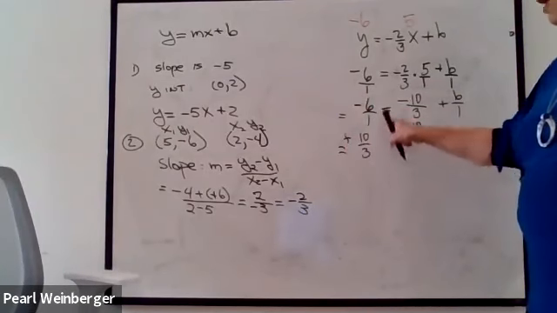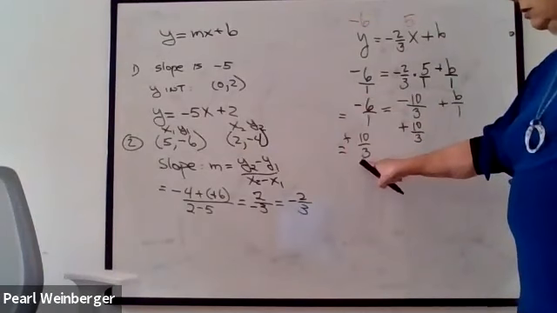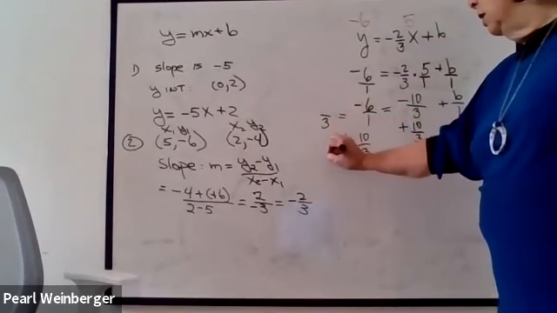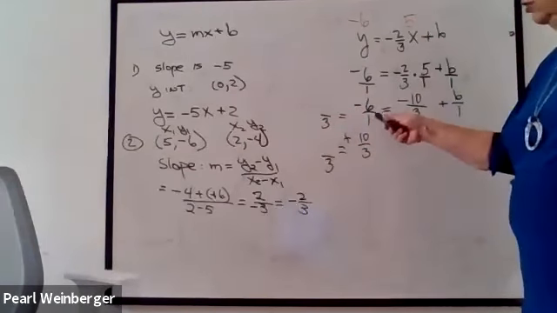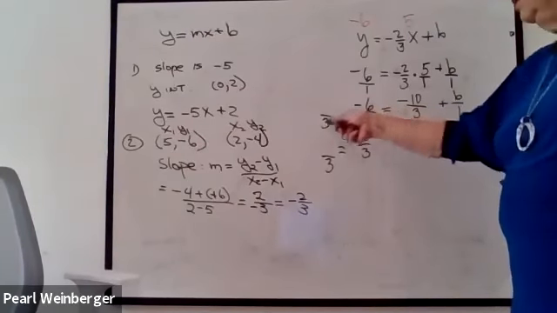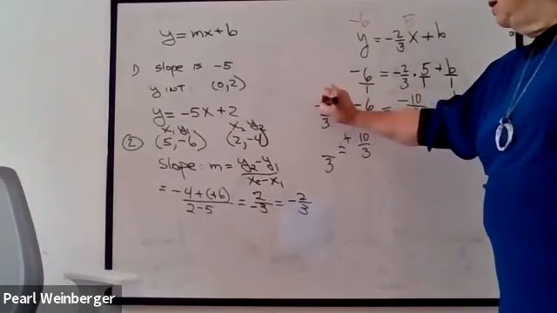Remember when I'm adding fractions, I want to have a common denominator. And since the denominator here is 3 and 1, your common denominator is 3. Now, remember how you do that. You divide the original denominator into the new denominator. 1 divided into 3 is 3. 3 times negative 6 is negative 18.